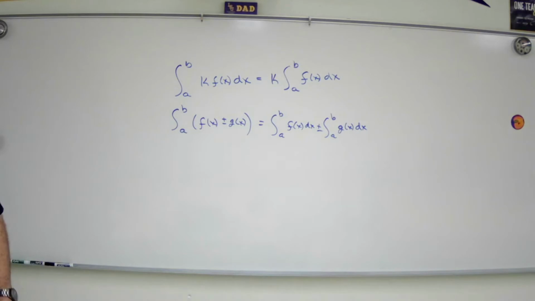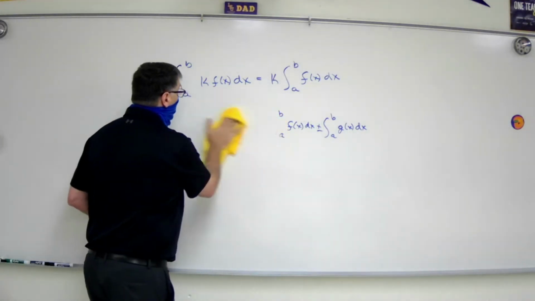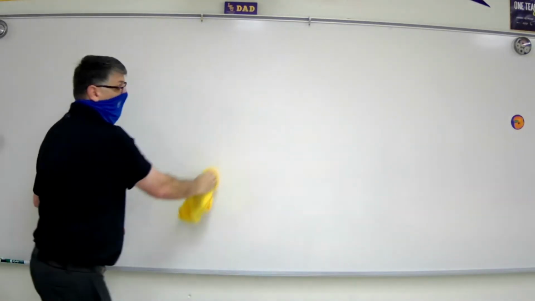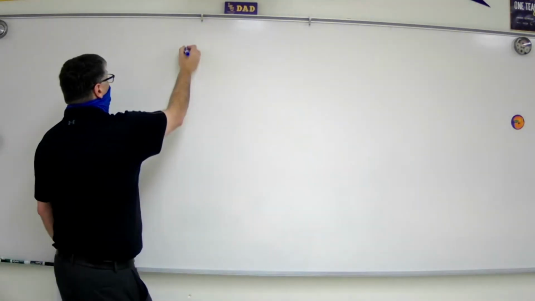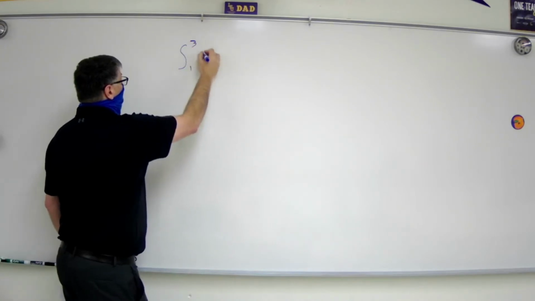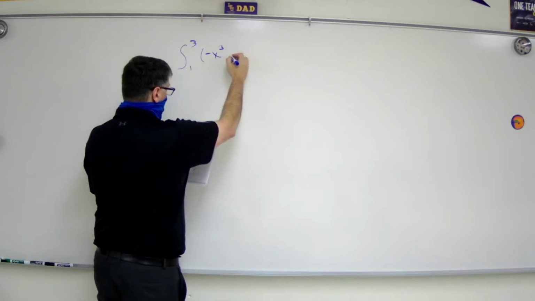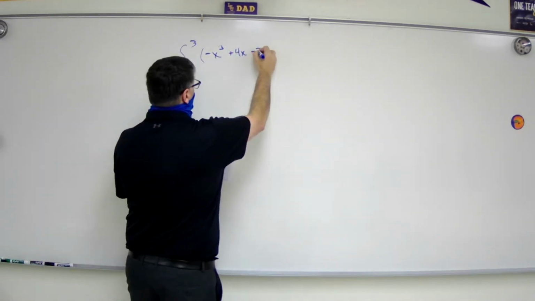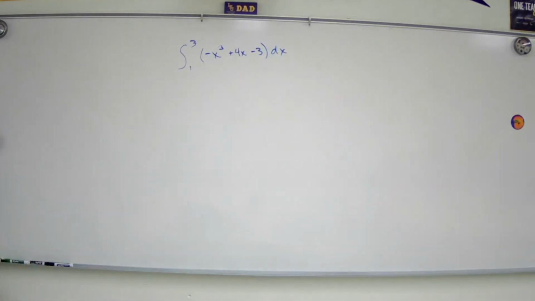As of right now, we can't do too terribly much with this, but if I give you an integral from 1 to 3 of negative x cubed plus 4x minus 3 dx, I want you to evaluate it. You don't know how to do this yet.